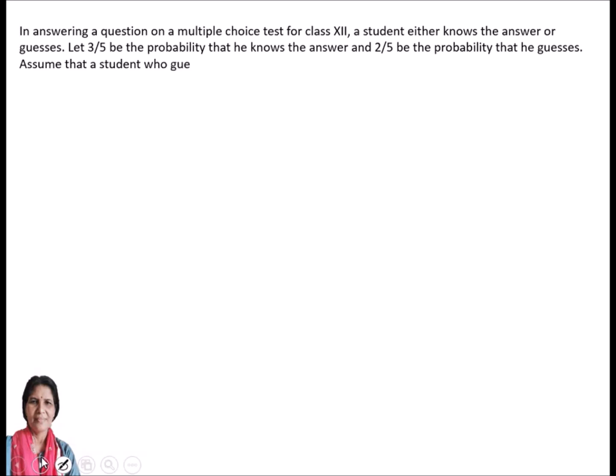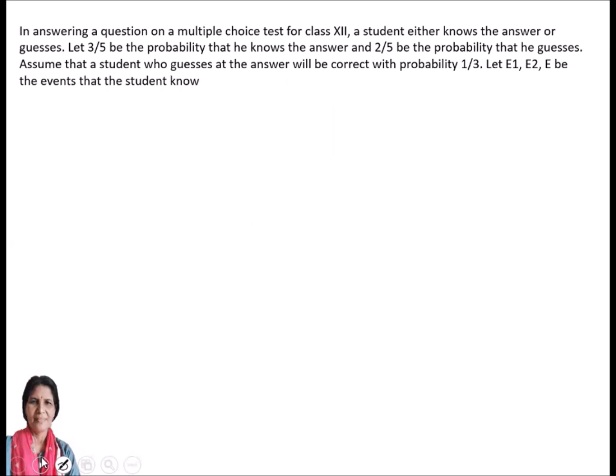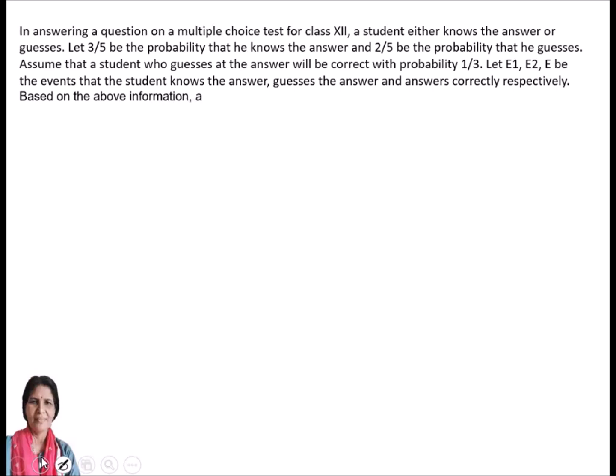Assume that a student who guesses the answer will be correct with probability 1 by 3. Let E1, E2, and E be the events that the student knows the answer, guesses the answer, and answers correctly respectively. Based on the above information, answer the following questions.